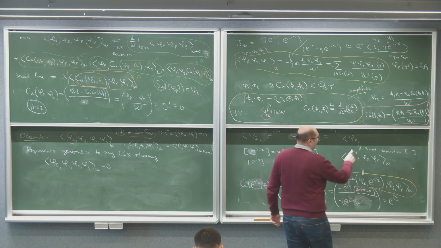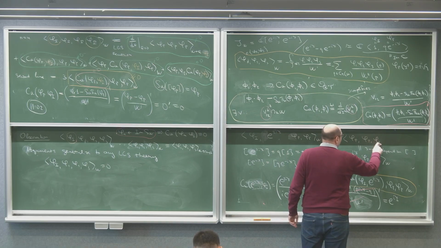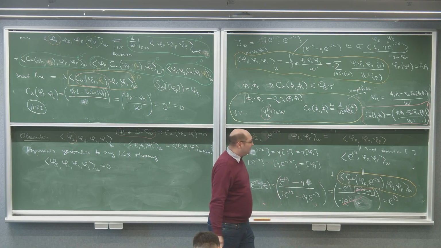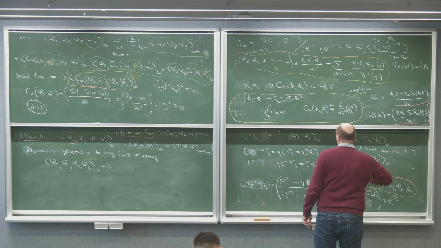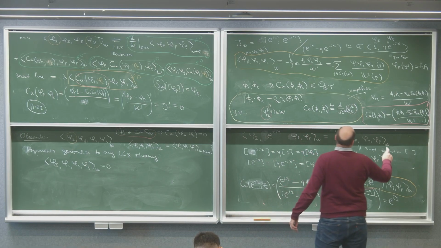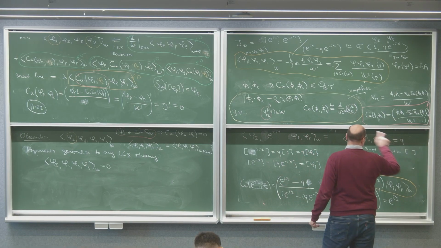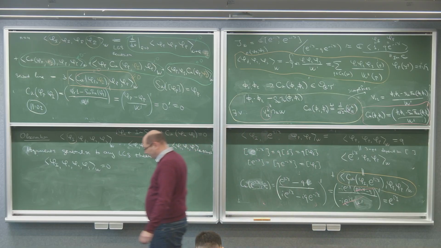So let us replace it by phi p, because phi p belongs to the same class. And we get the 3-point function of phi p, phi p, phi p, which we computed earlier, and that equals q.